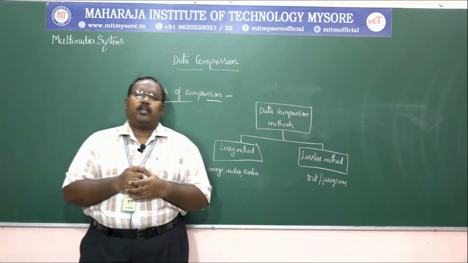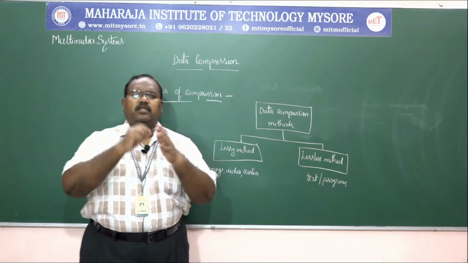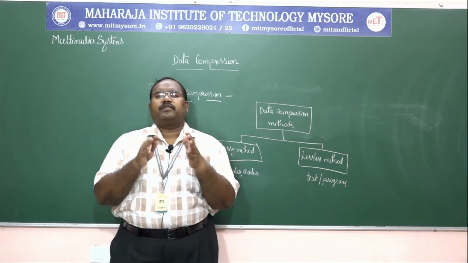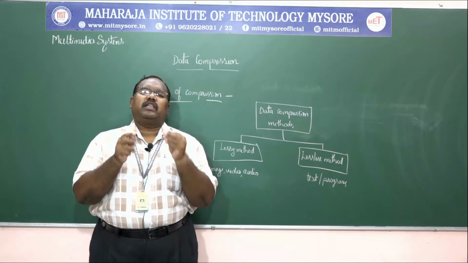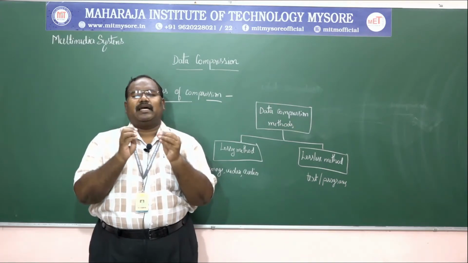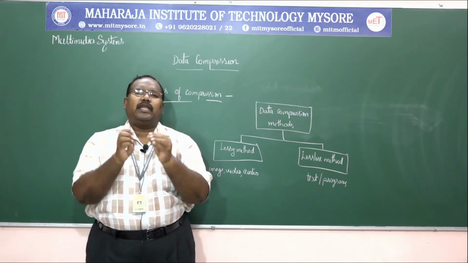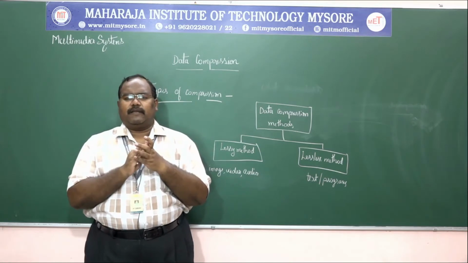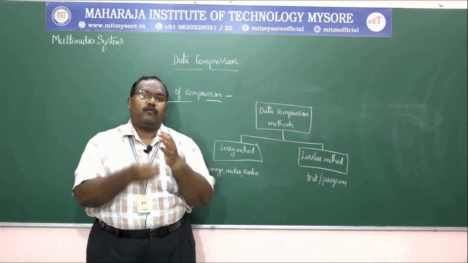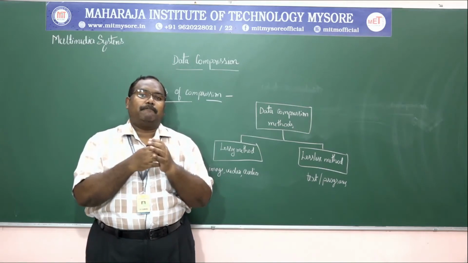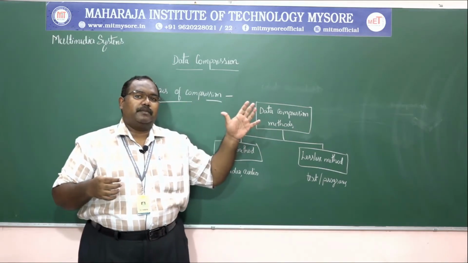So what happens in lossy compression? Lossy compression restores the large file into its original form with loss of some data, which is considerably negligible. Why do we need to restore? We need to restore the image or the data after compression. That is called the decompression method.